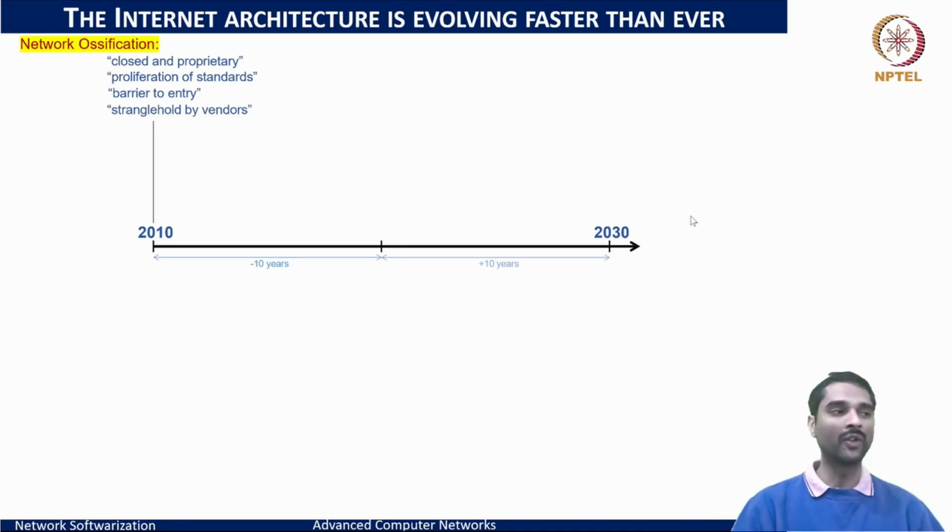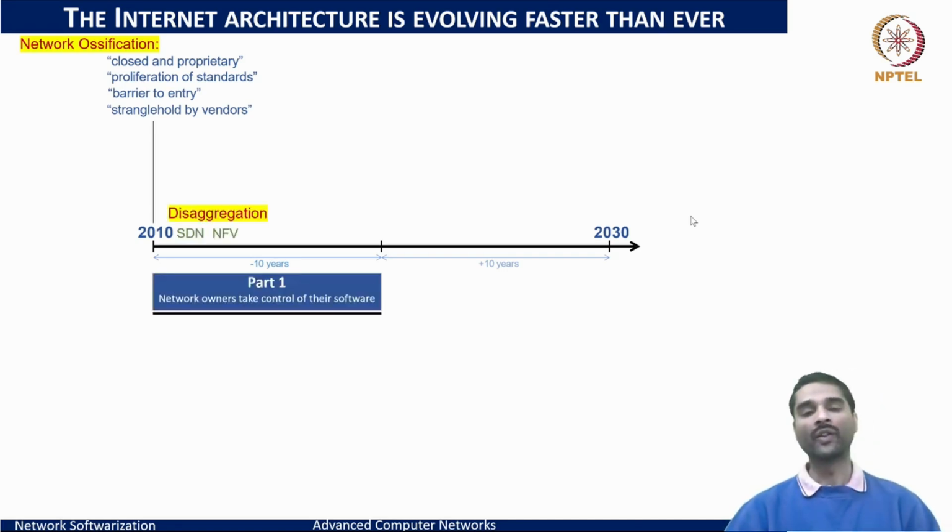And several stakeholders started to play prominent roles. And the second phase, what I call the disaggregation phase, is where the network owners tried to take control of the software. And this happened through the emergence and adoption of SDN and NFV.